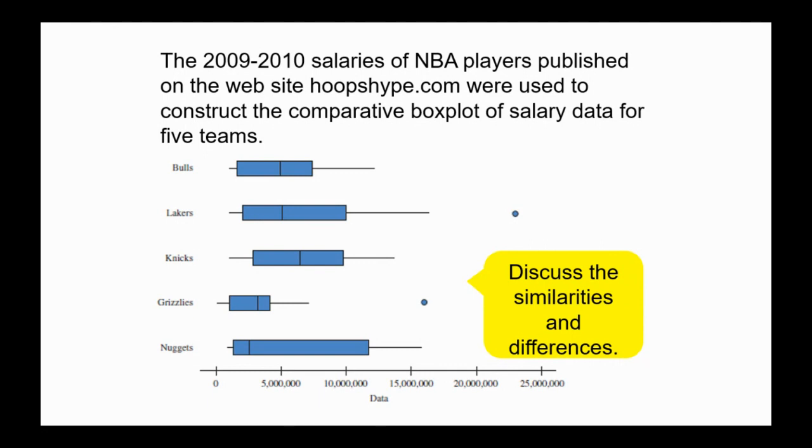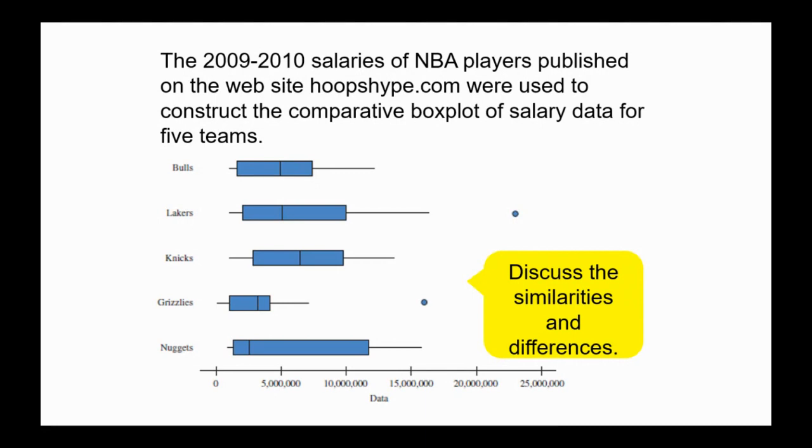Speaking of Grizzlies, what can we say statistically about them? We're not going to bash them basketball related, but according to this chart, what can we say about this data for them? They have a mild outlier, yeah.